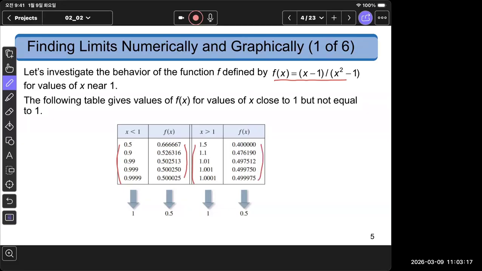What you can observe is that as x approaches the value 1, the value of f of x seems to approach 0.5. So when x is very close to 1, the function value is very close to a half. That's what we can observe from the table.